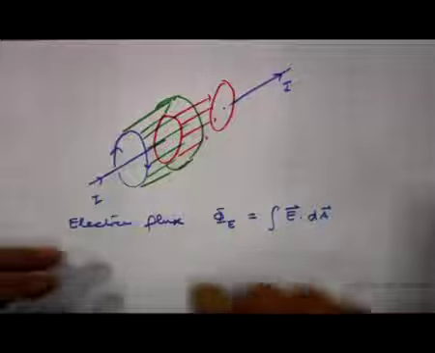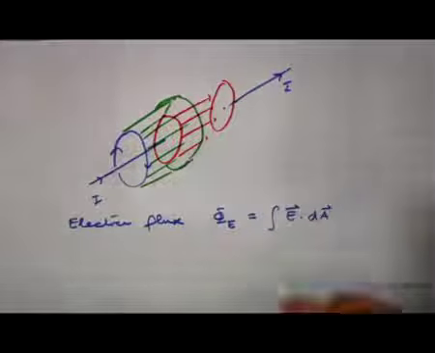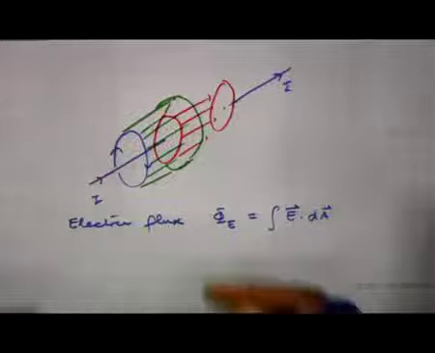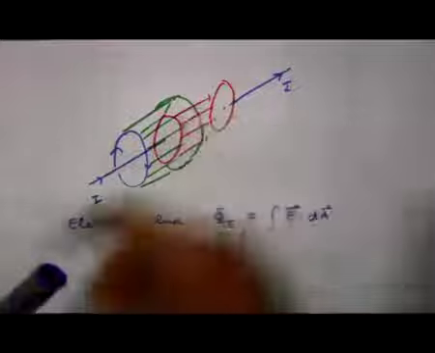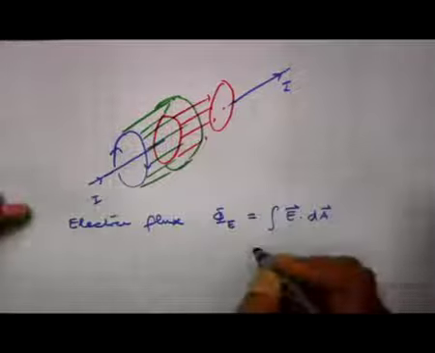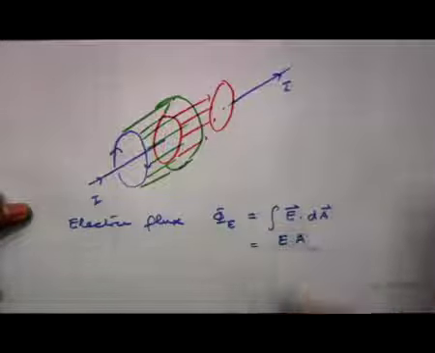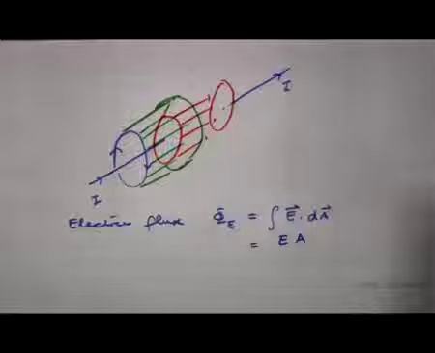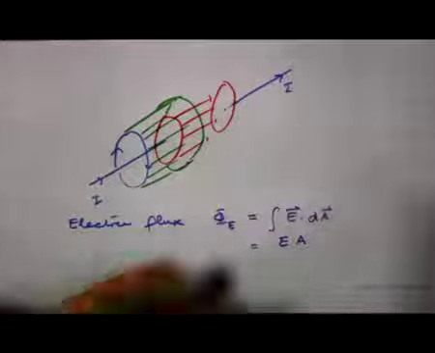If I neglect fringing fields in the capacitor, the field is uniform within the area between the two capacitor plates, and this simply becomes equal to E times A. Area is the area enclosed by this surface.